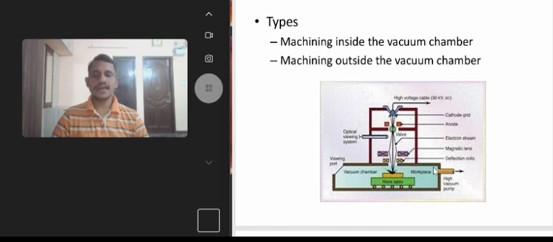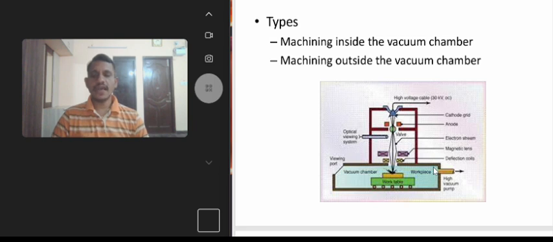Second, the grid cup, which is negatively biased with respect to the filament. Third, the anode, which is connected to the positive terminal of the DC power supply.